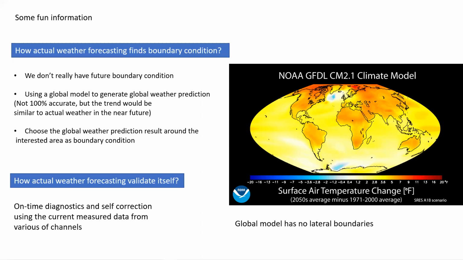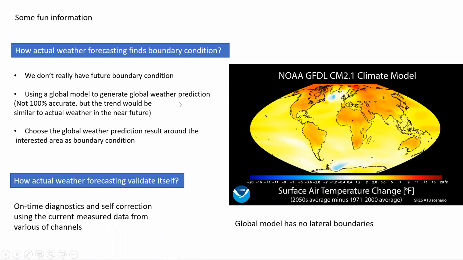In weather forecasting, the scientists would do this. They will first create a global climate model, because we are on Earth. Earth is pretty similar to a sphere, and on the surface of a sphere, we don't have lateral boundaries, right? So for global models, we don't have that issue.